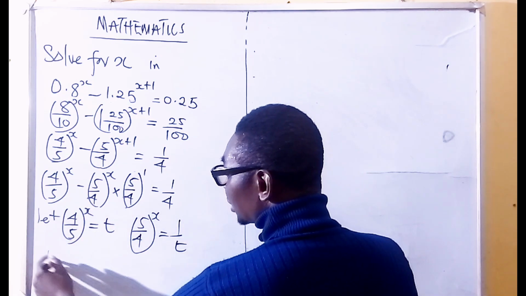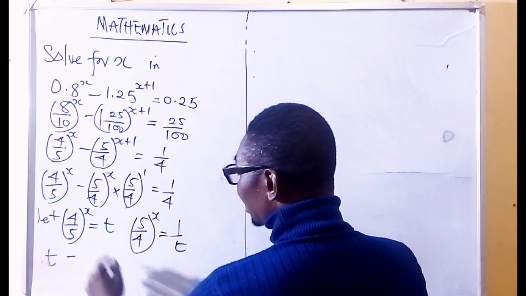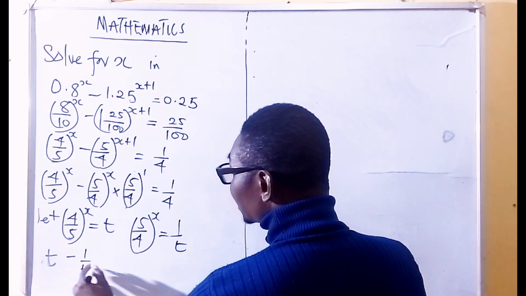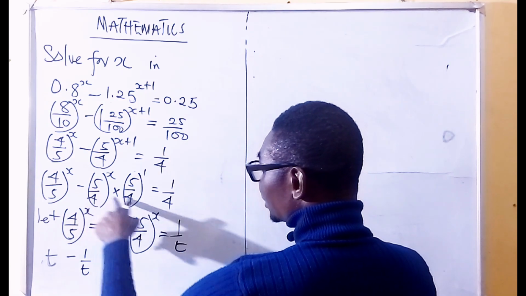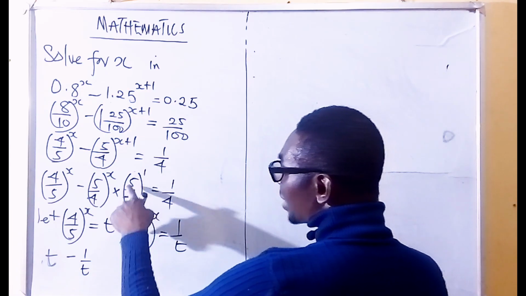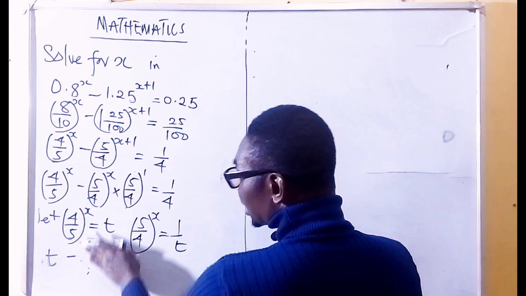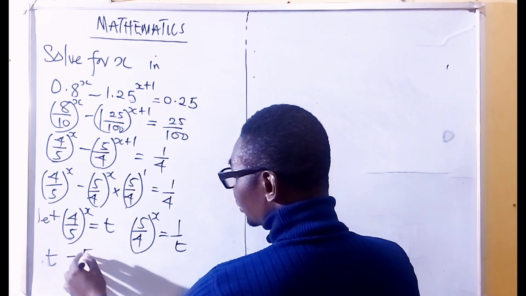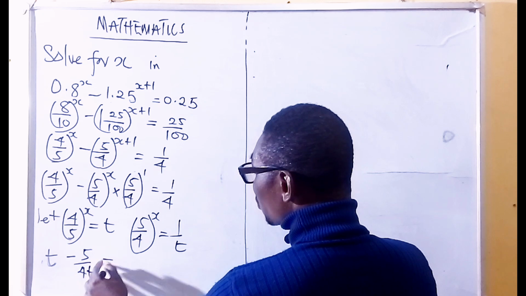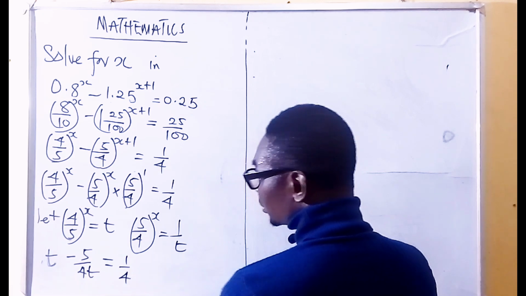So we now have t minus 1 over t times 5 over 4. If I multiply 5 over 4 times 1 over t, I will now have 5 over 4t, equal to 1 over 4.